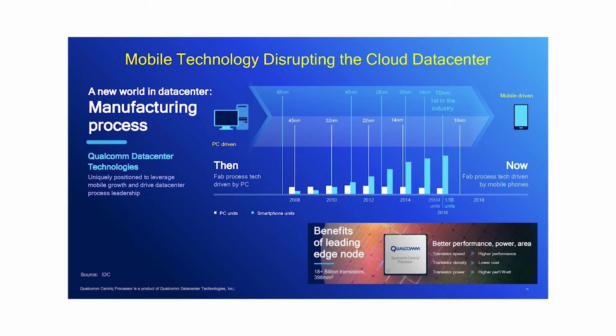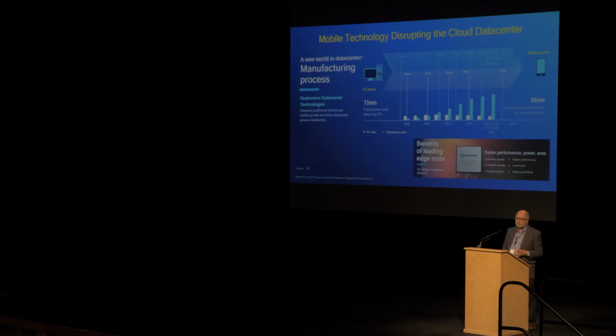So what this shows is that in 2008, the volume of PCs was maybe twice as high in the 45 nanometer generation compared to smartphones. But over time, the PC unit volume has kind of flattened or even declined now, and the smartphone volume has taken off. So what you see today is that the investment in new process technologies is driven more by the needs of the smartphone industry and not so much by the PC industry.